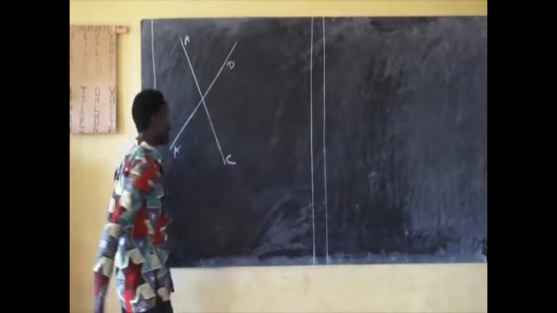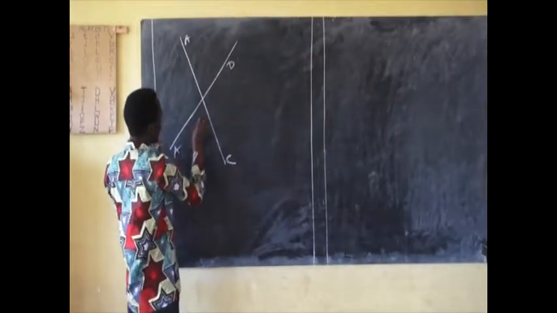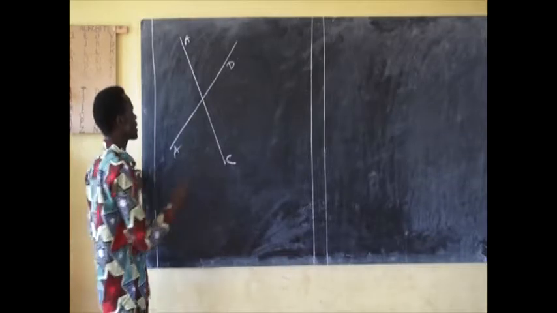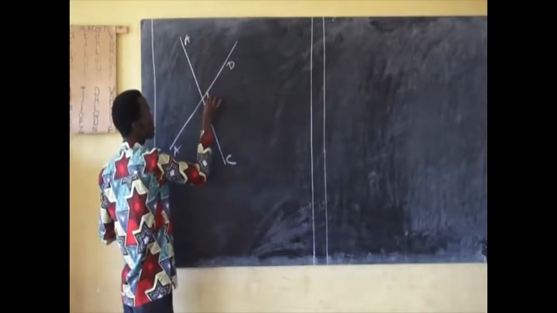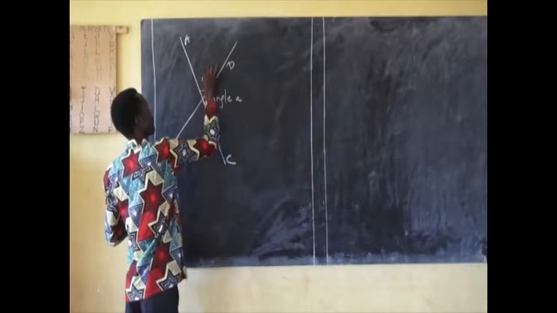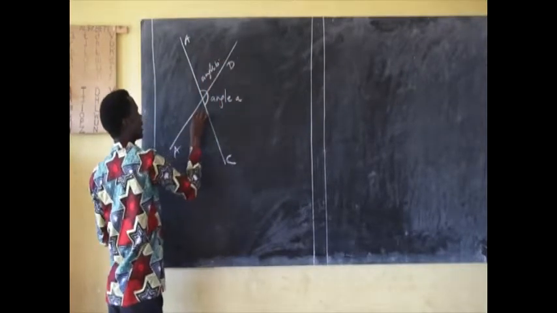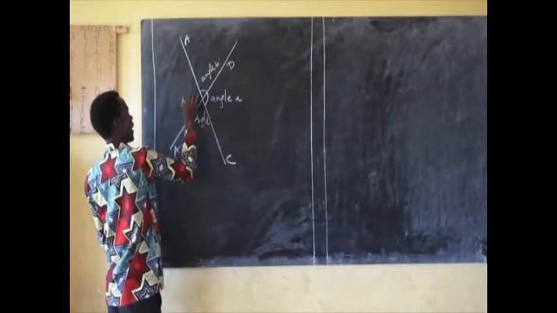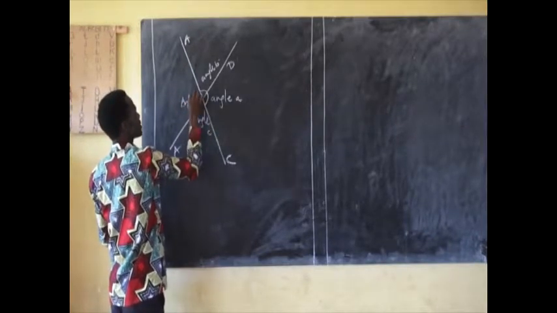They have intersected somewhere. Where they have intersected, we just call that an angle. Let's say this is angle A, this is angle B, and this is angle C, and this is an angle also. This is angle C, and this is D.